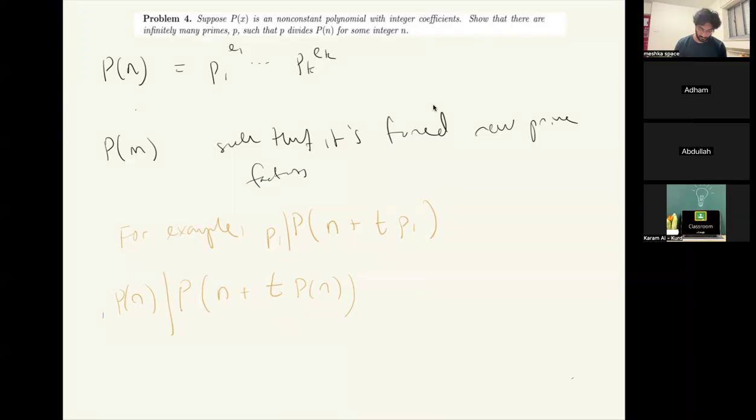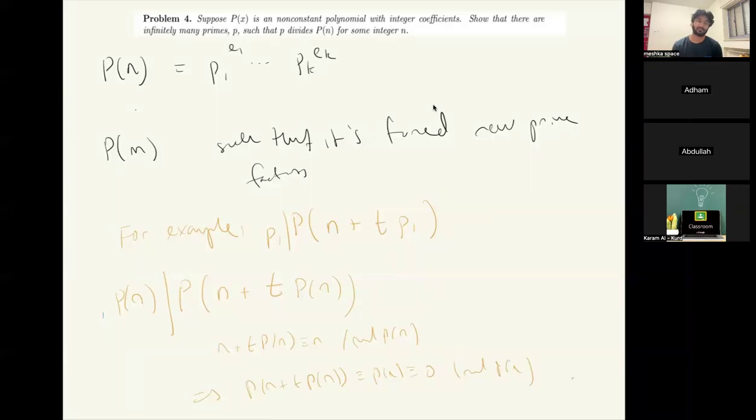Modulo P(n), this number is equal to this number. So n plus t P(n) is congruent to n mod P(n), so P of that is congruent to P(n), which is congruent to 0. Okay, great.